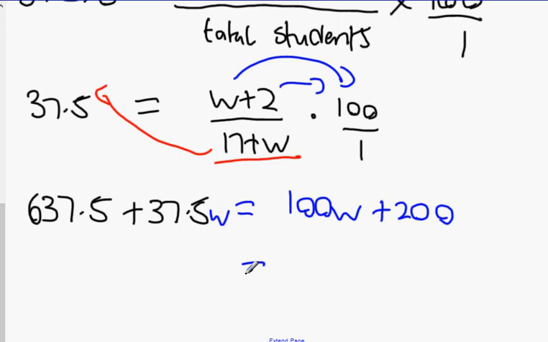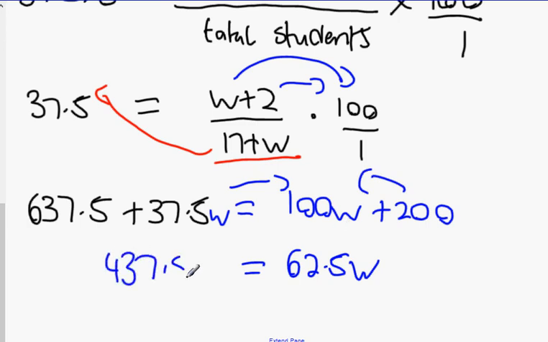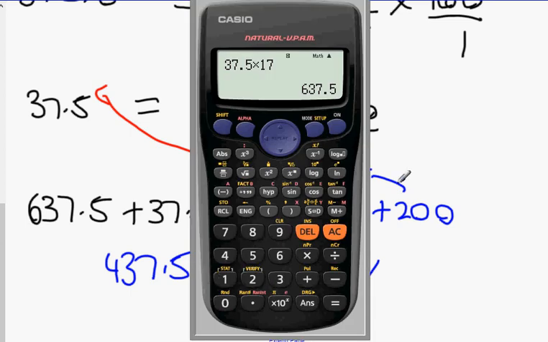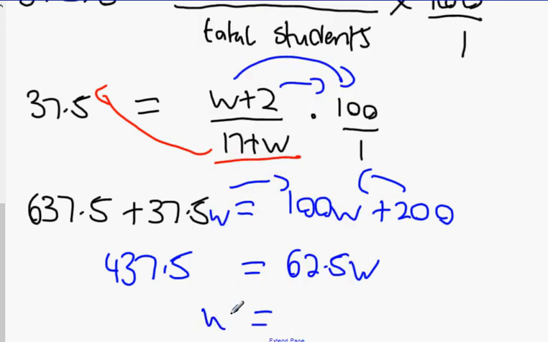That's a W there as well. Bring the W's to one side. I'm going to get 62.5W on one side, and I'm going to get 437.5 over the other. I'm then going to divide 62.5 into 437.5. W equals 7. Okay?